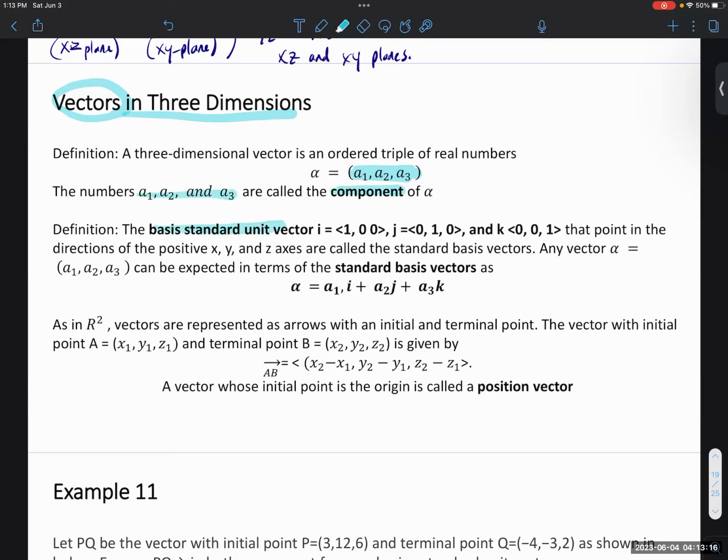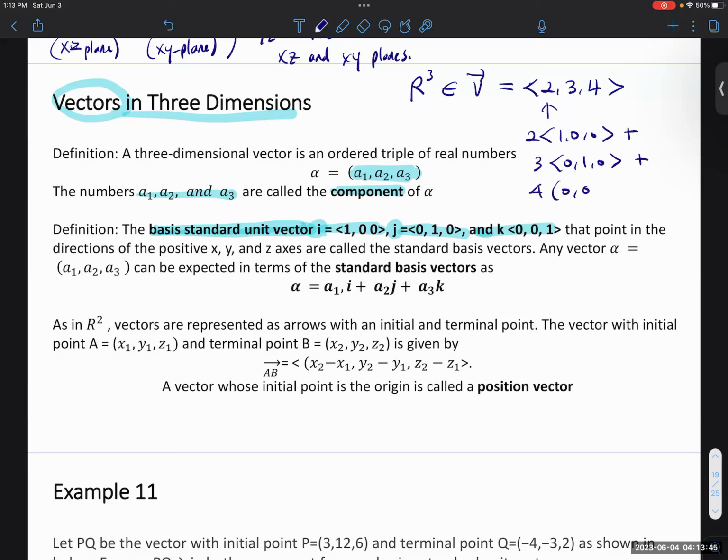And the basis is the standard unit vector. So i is going to be 1, 0, 0, j is 0, 1, 0, k is 0, 0, 1. So let's say we have a vector 2, 3, 4. This is a vector in 3-dimensional space. You can write it 2 times 1, 0, 0 plus 3 times 0, 1, 0 plus 4 times 0, 0, 1, because they are unit vectors.